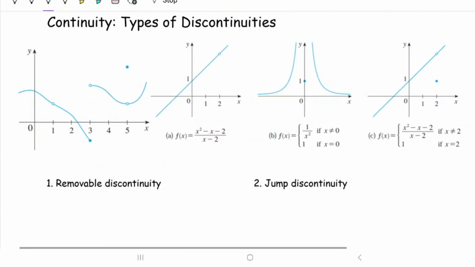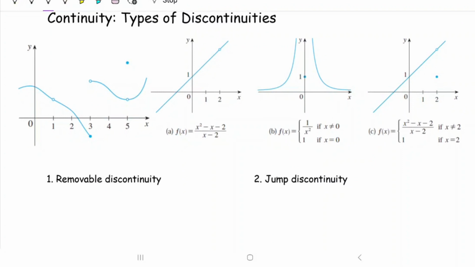When a function is not continuous, we have what we call a discontinuity. For example, if we're talking about a discontinuity at x equals a, the first type we've got is a removable discontinuity.